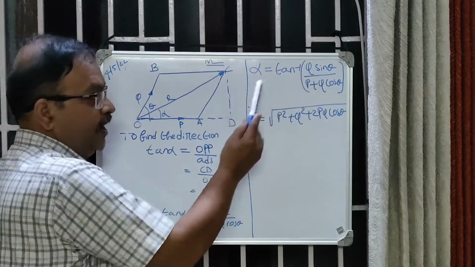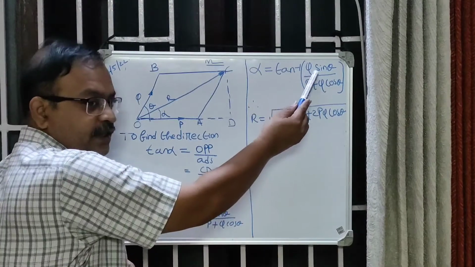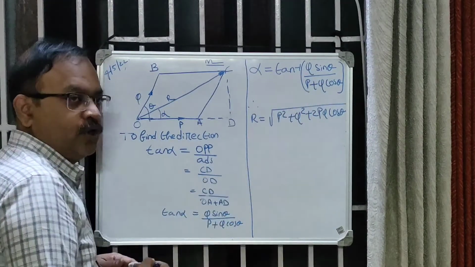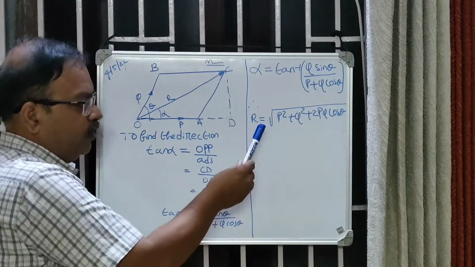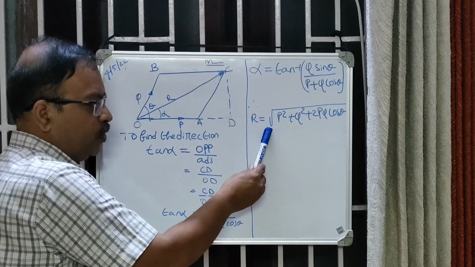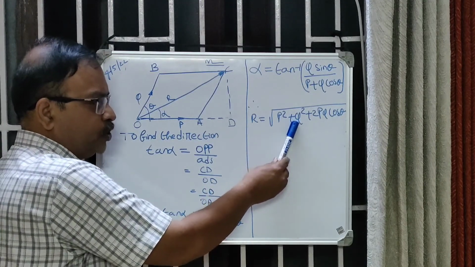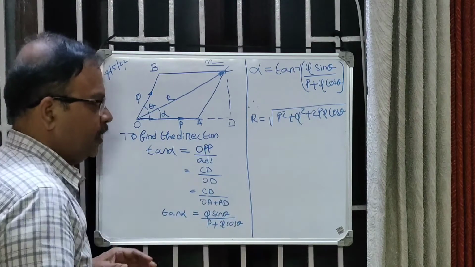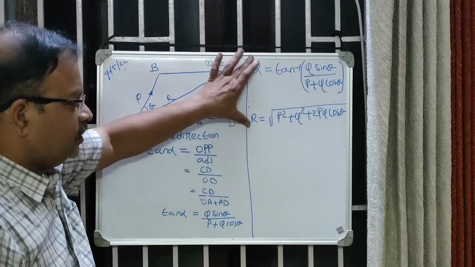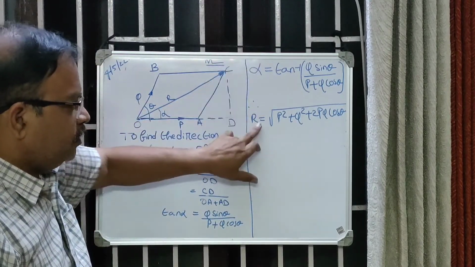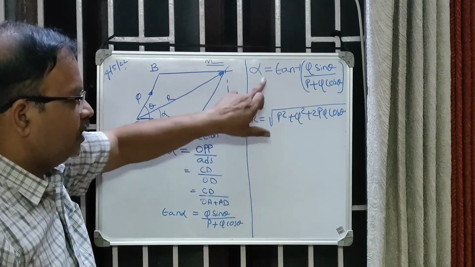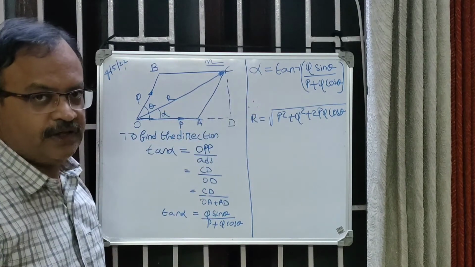Alpha is equal to tan inverse of Q sin theta divided by P plus Q cos theta. Already we have found the magnitude as R is equal to square root of P square plus Q square plus 2PQ cos theta. So these two equations help us to determine the magnitude of the resultant force as well as the direction of the resultant force.